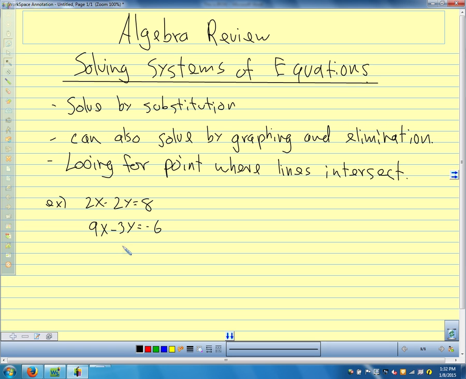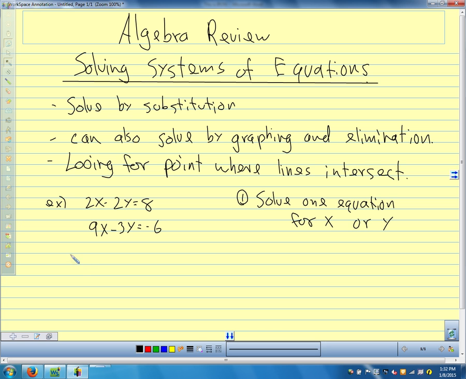And we want to figure out the x and y that works in each of these equations. So my first step when we solve by substitution is we solve one equation for x or y. I usually look at the equations and think which one is going to be the easiest to work with, which one looks like it's the least work.